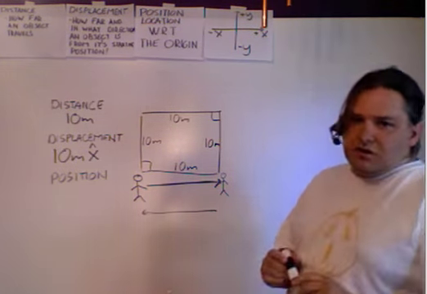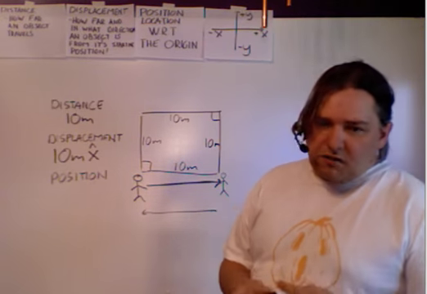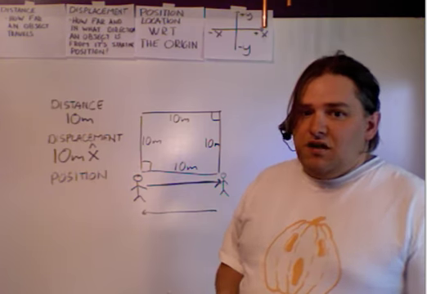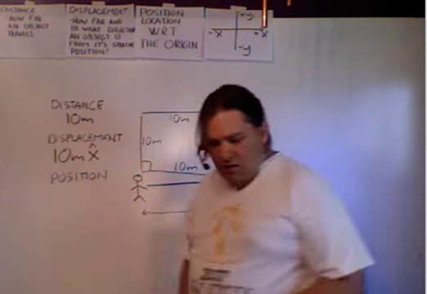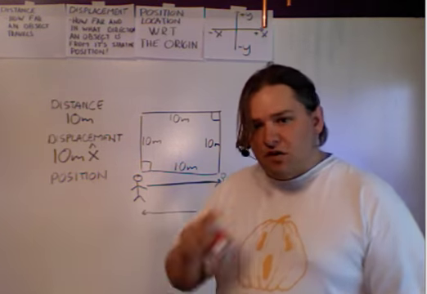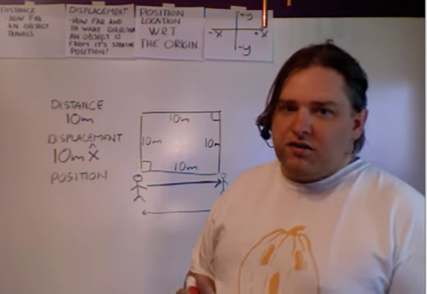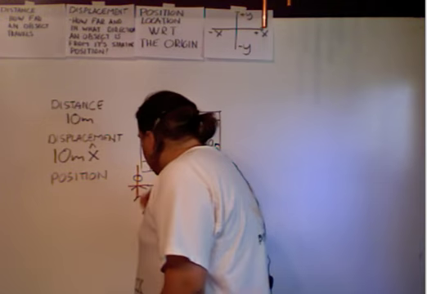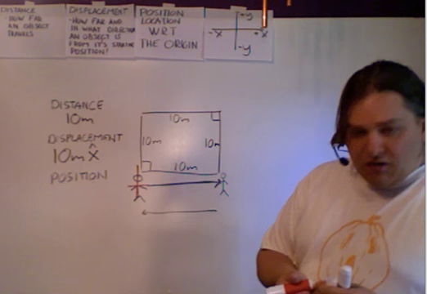How about his position? Let's look at the definition: location with respect to the origin. Now, where is his origin? I have not established his origin, so that's the first thing I want to do. I want to create an origin. The simplest choice is to put it right where he started. So that little red crosshair that I put in represents his origin.